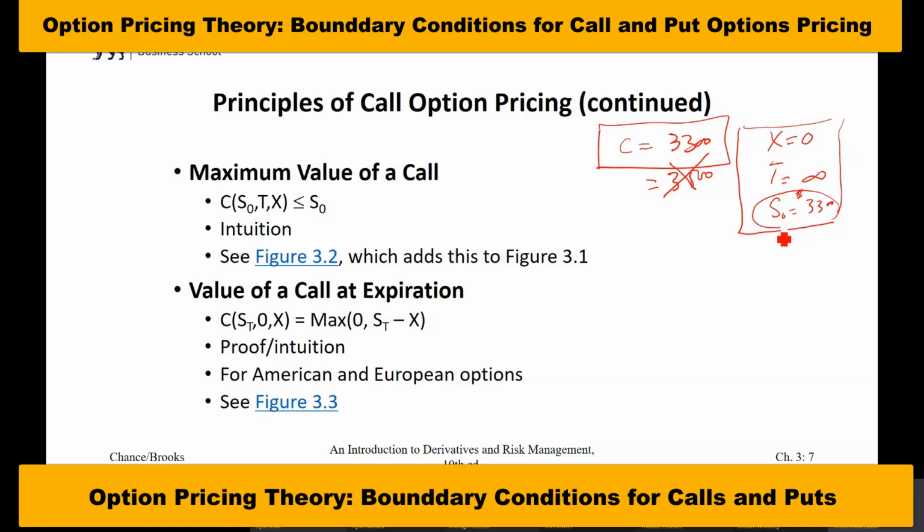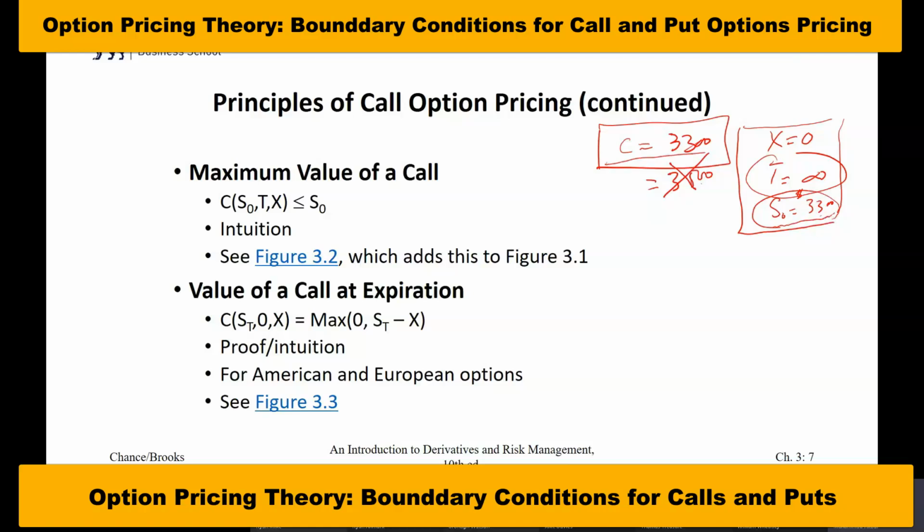you say that is not rational. Why should I pay you $3,500 for the call option if I can buy the underlying for 3,300 and keep it with myself for infinity? So if you want me to be convinced to buy the call option, you should reduce the price to the value of the underlying.